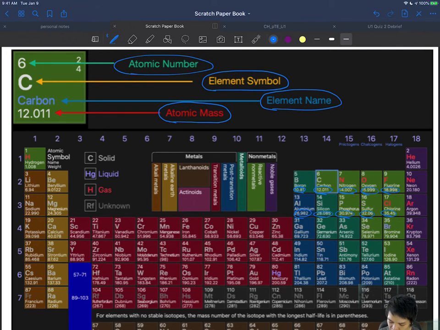And there are some atomic masses in the periodic table where it's actually not a decimal number. They're actually whole numbers. And you might be wondering, well, why do these have whole numbers while the rest of them have decimal numbers? And this is actually due to something very simple. Some of these elements, there's only one isotope.